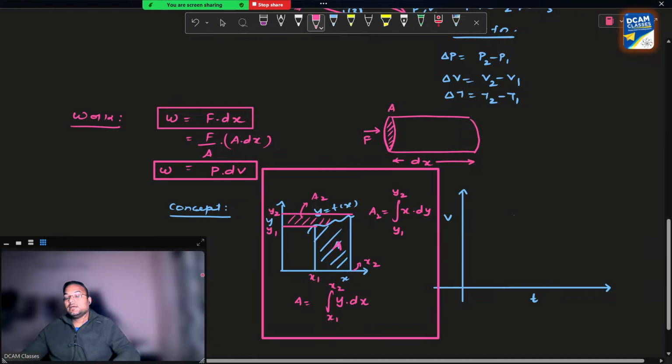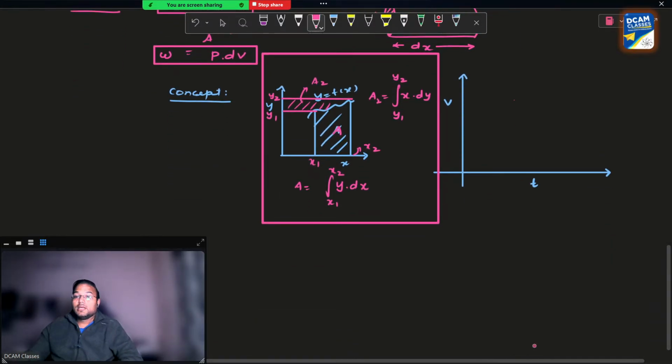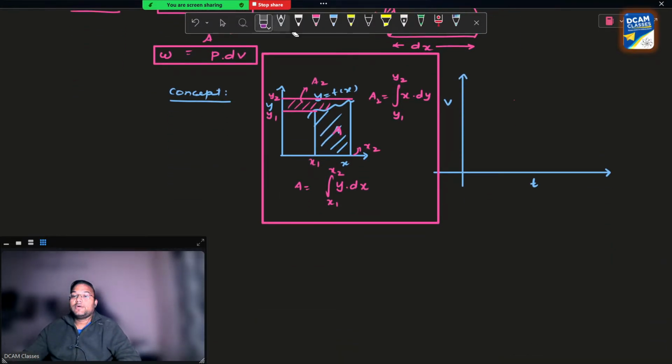Okay. Now, why I am telling this? Because we want to find out work done. If I have a PV curve, like we know area x1 to x2 y dx is the area.